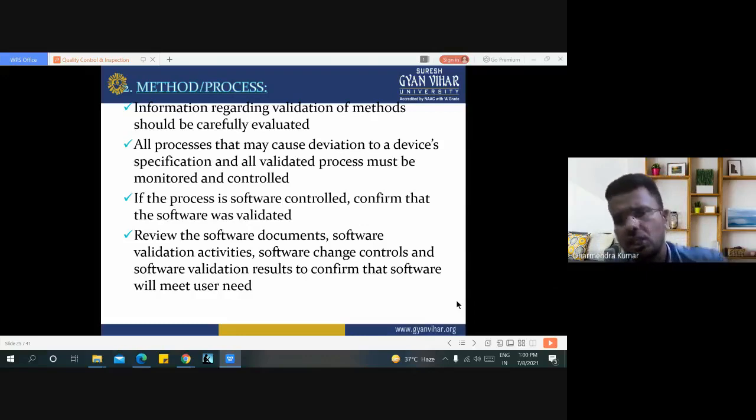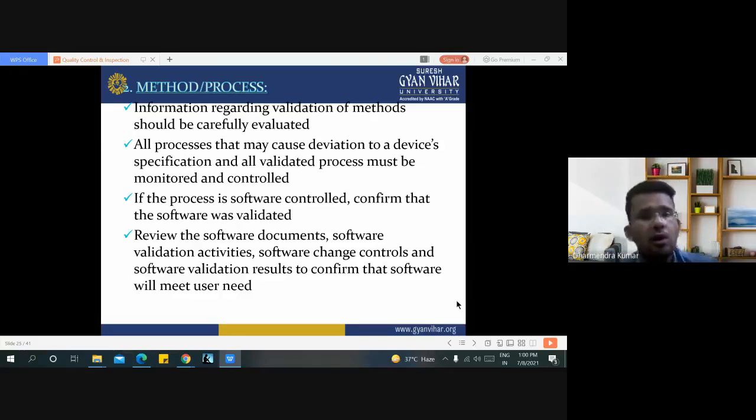If our process is overall automation, like CNC lathe or CNC milling, then before starting any process on a CNC lathe machine, the software documents, its license version, its generation, its validation activities, and what various changes are compatible with this software must be checked.